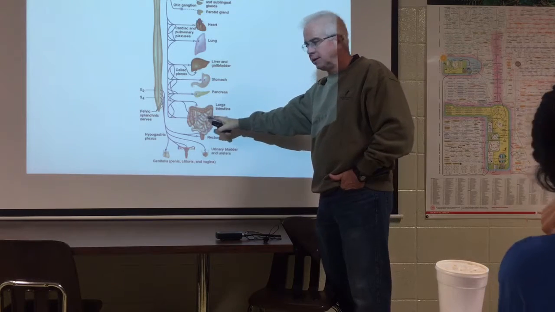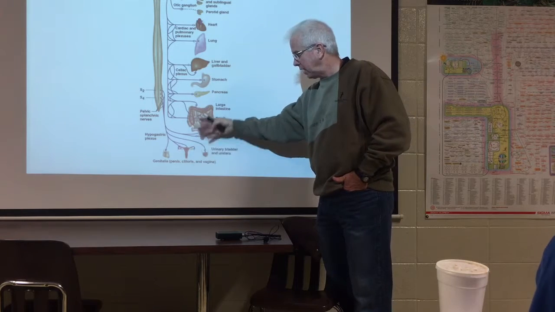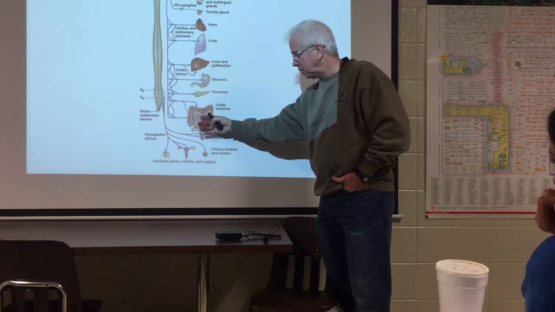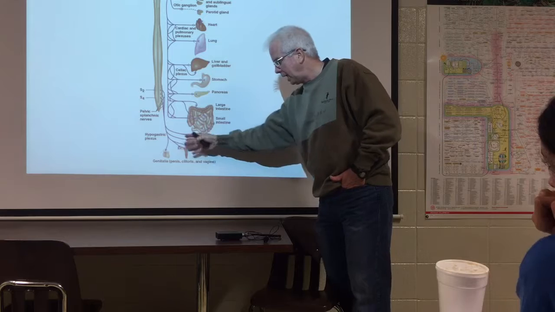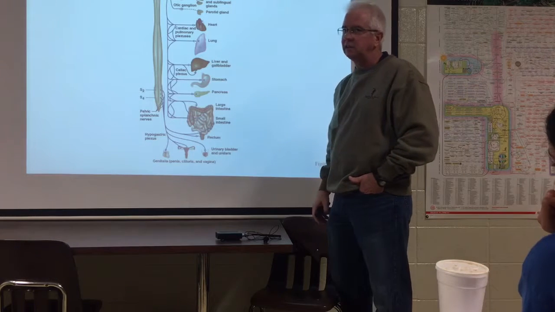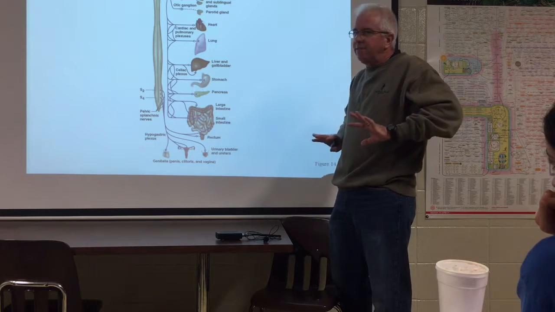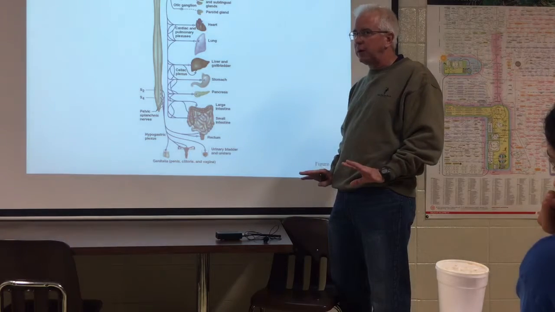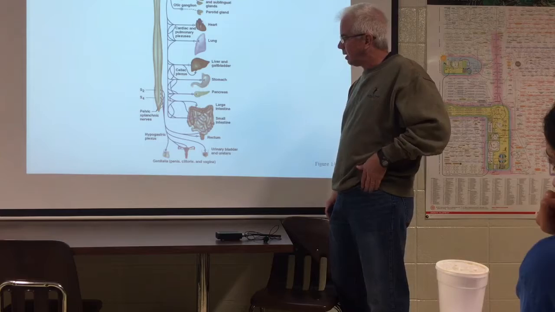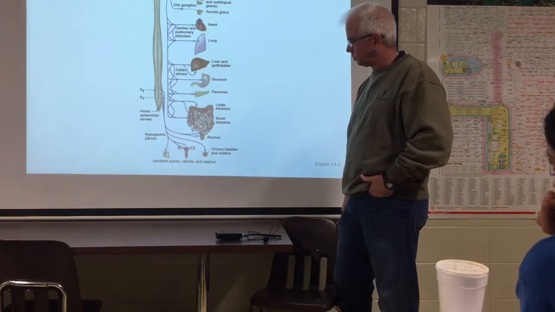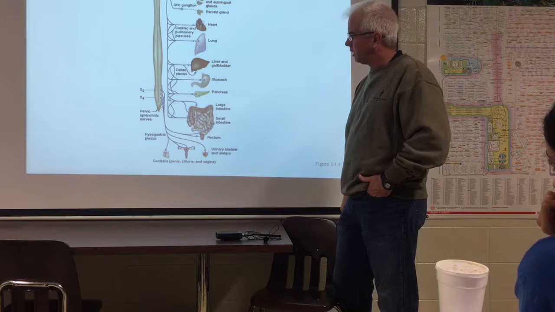Now when you get down here to the gut, you can see there's a handoff here, and you can see the sacral divisions are handling some of the digestive system, and they're handling things in the pelvic body cavity, things inferior to the parietal peritoneum in the pelvic body cavity. So you can see reproductive structures indicated here from the sacral divisions.